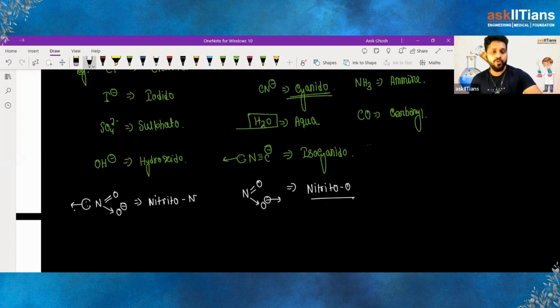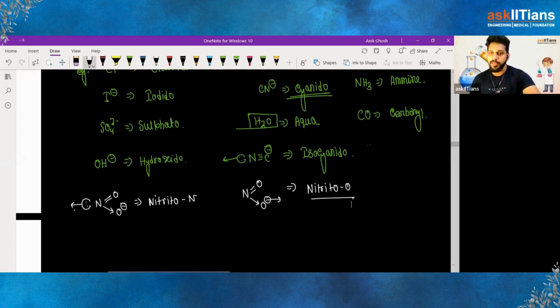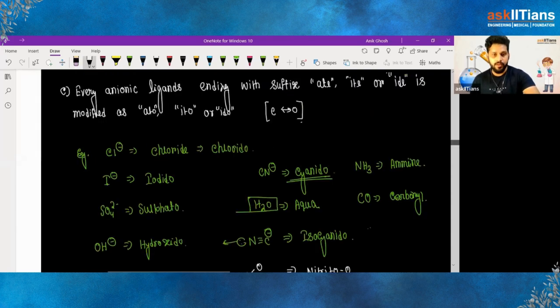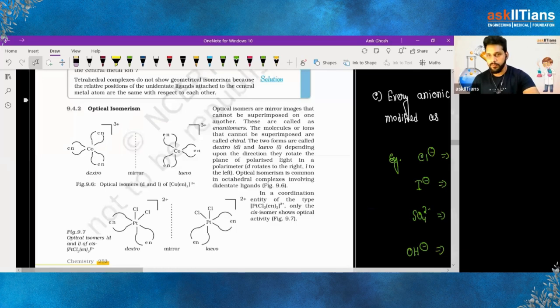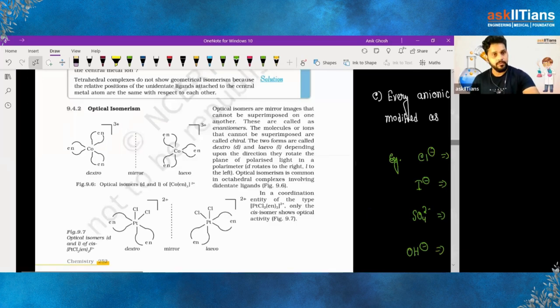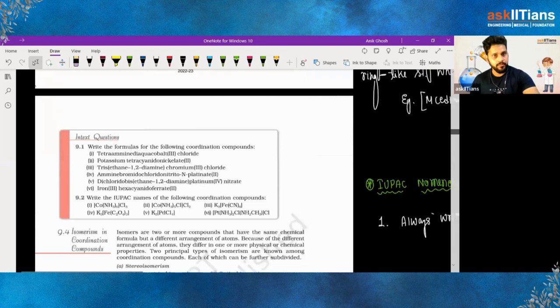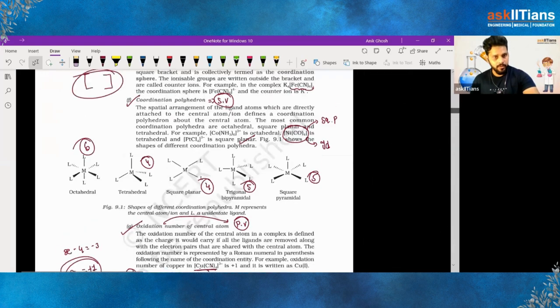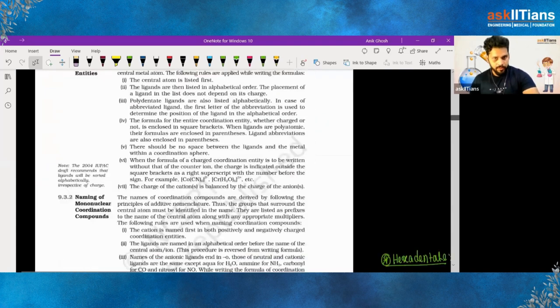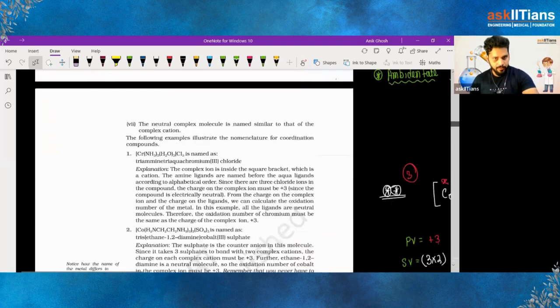I would suggest you go through all the names of the donor atoms, guys. Just check it once. From the NCERT, there should have been a list given by them.